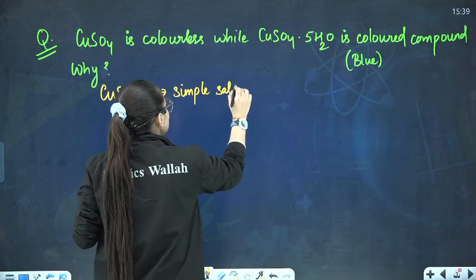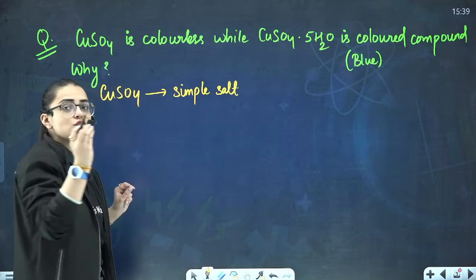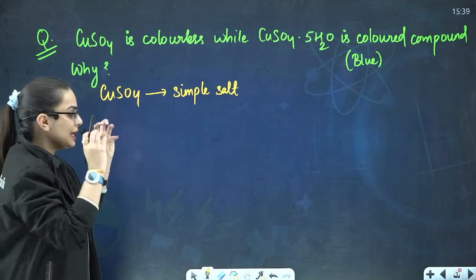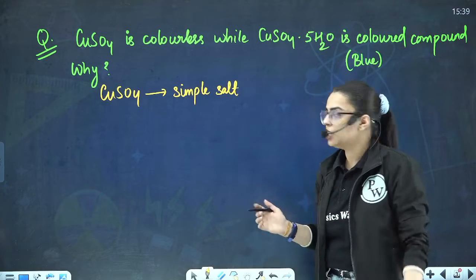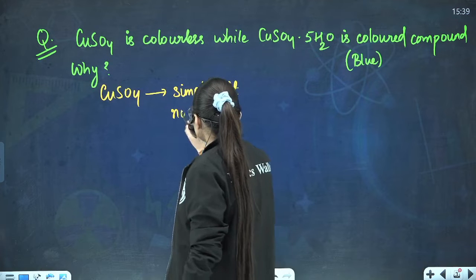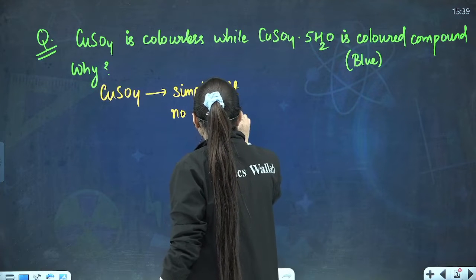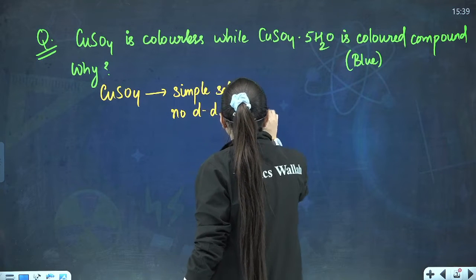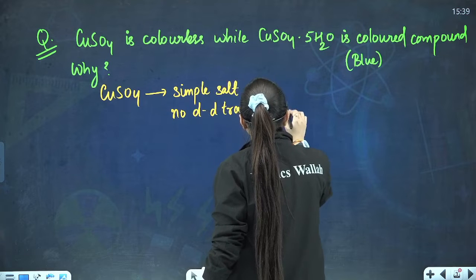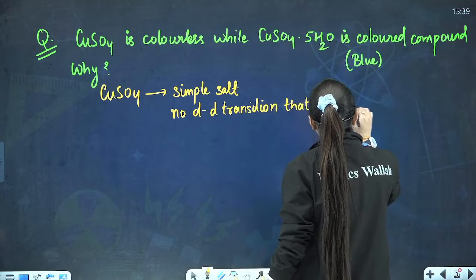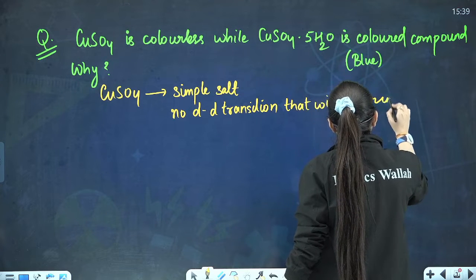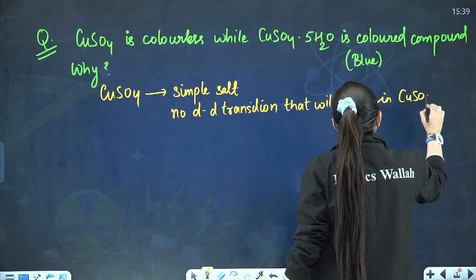And in the case of a simple salt, there is no d-d transition. That means an electron will not move from one energy level into another energy level. So no d-d transition will occur in CuSO4 because it is a simple salt.